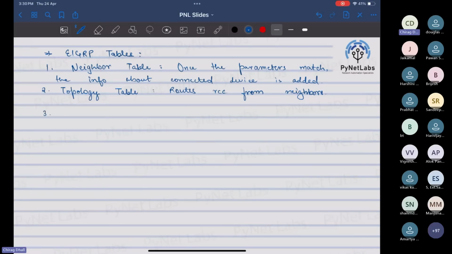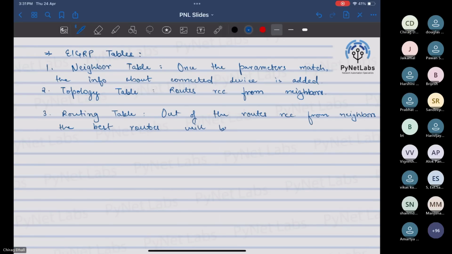Then out of all the routes which are received from neighbors, the best routes are installed inside routing table.